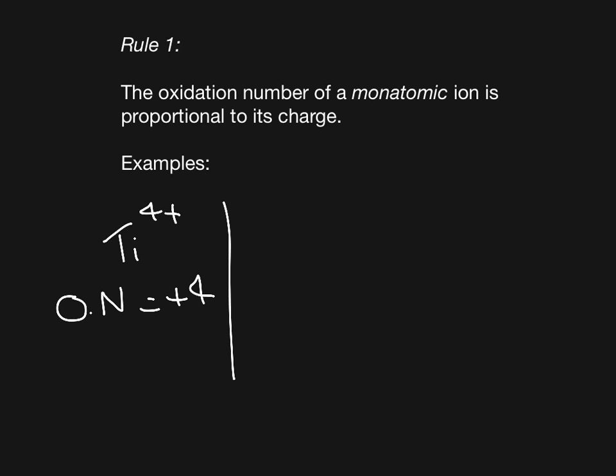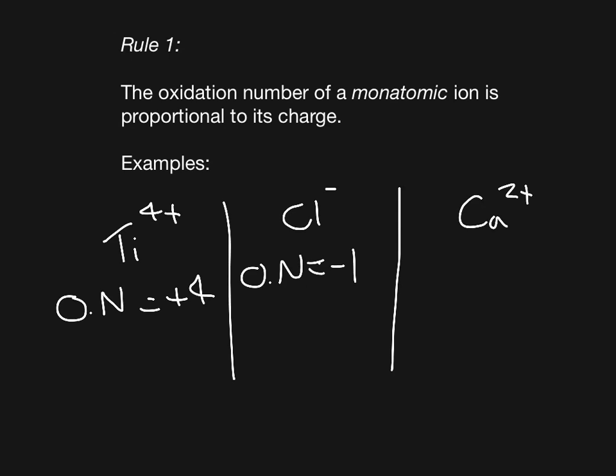We also have another example. Let's have chlorine minus. Its oxidation number is going to equal -1. And then let's have one final example. Let's have calcium 2+, and its oxidation number is going to equal +2.